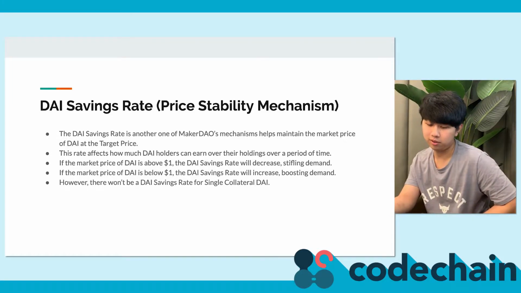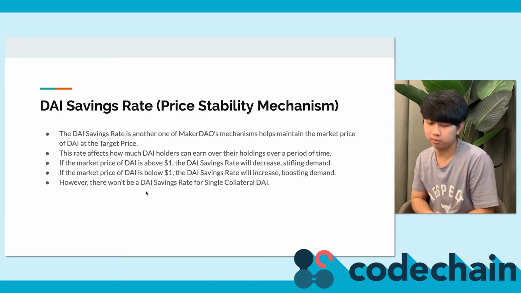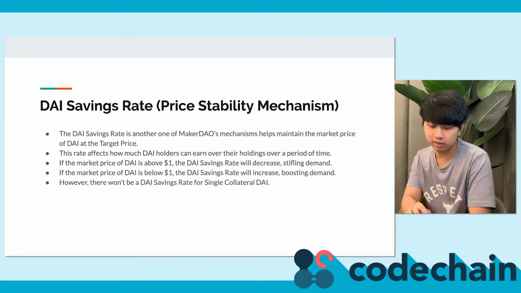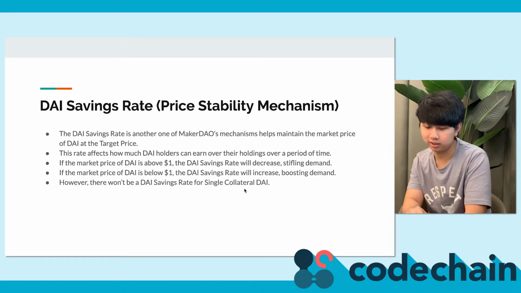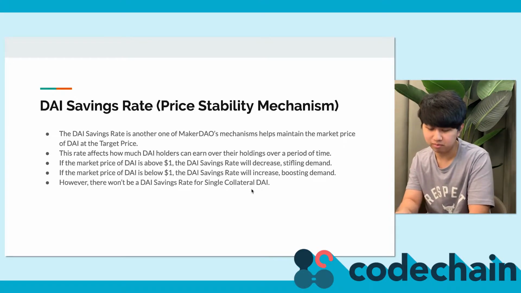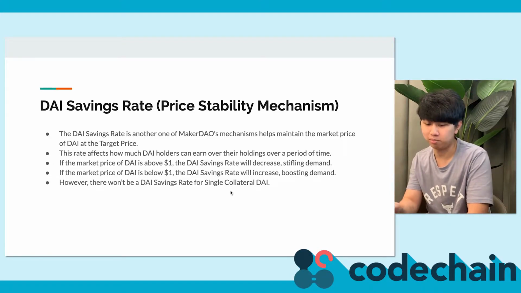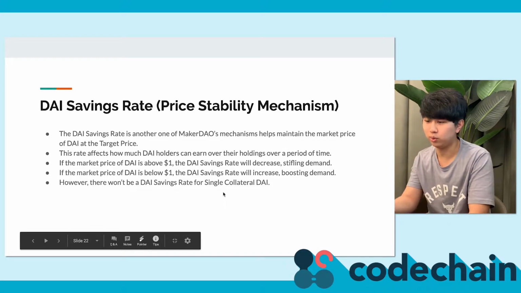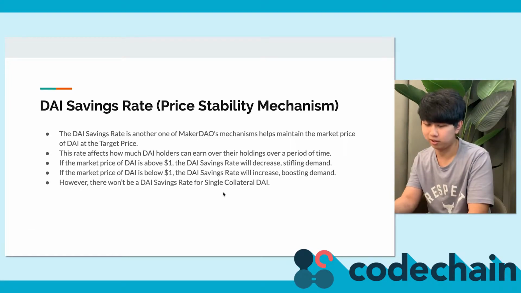However, right now they don't have the DAI savings rate. It's not available yet, and in the end, it won't be available for single collateral DAI anyways. I'll explain what single collateral DAI means later, but basically this means that there's only one collateral type available for DAI right now, which is Ether.